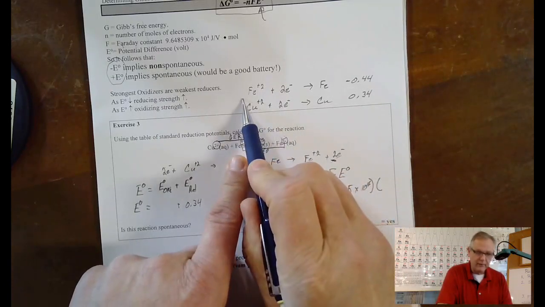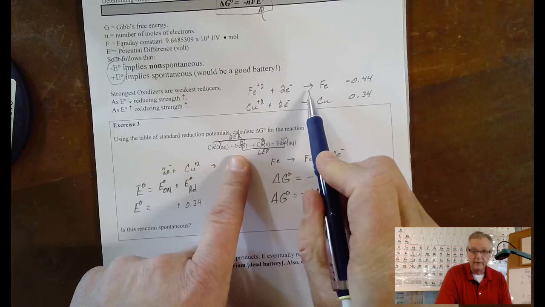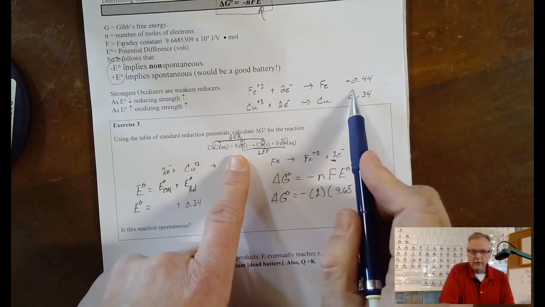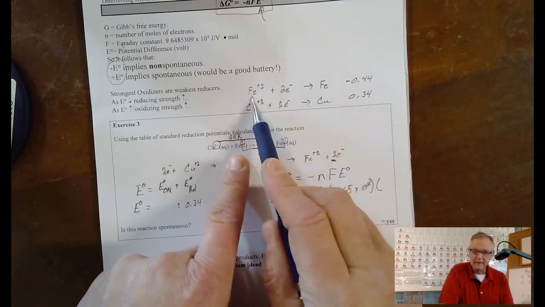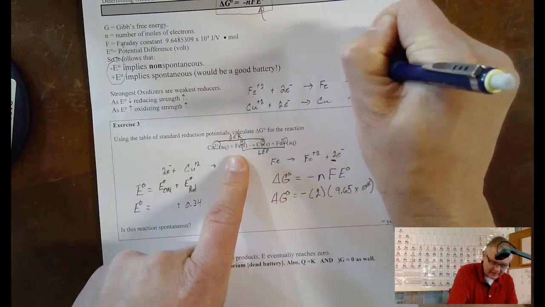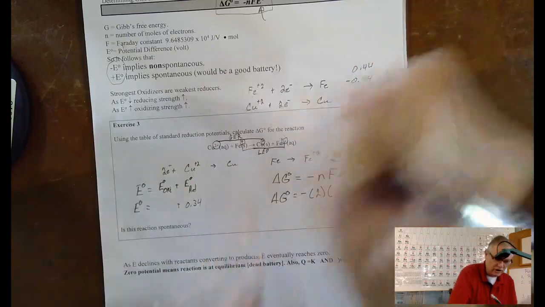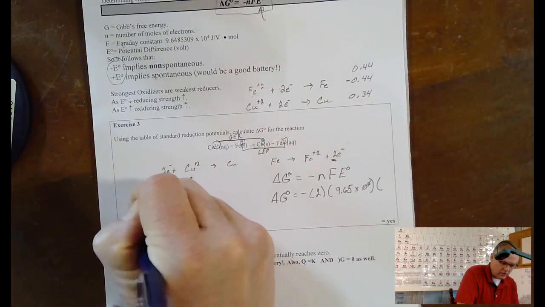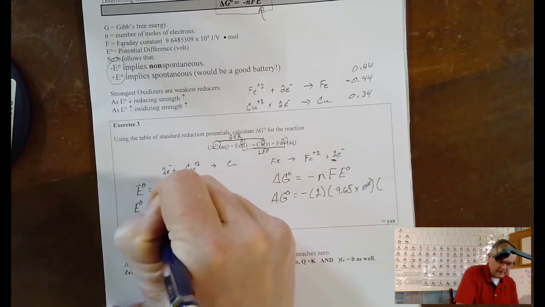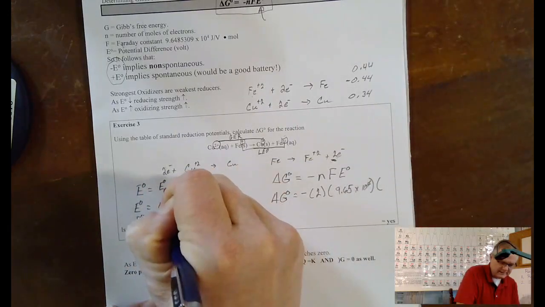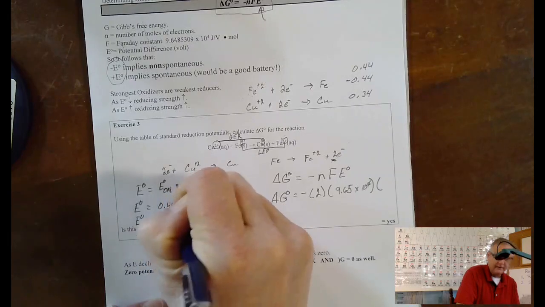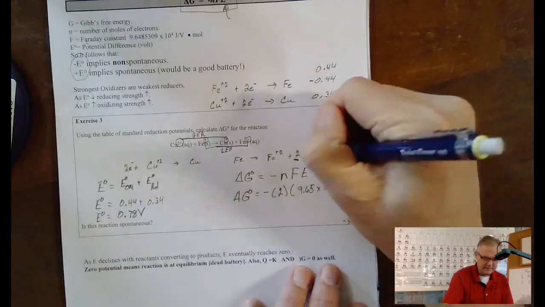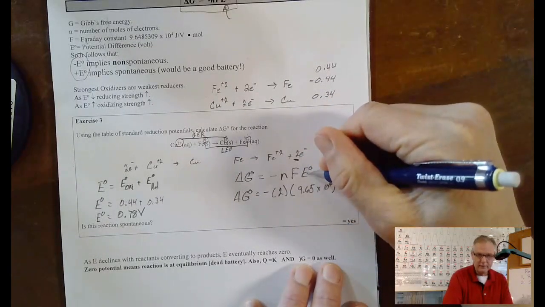Do you see how I wrote down up here, it's straight off of the standard reduction table? I wrote its reduction. Well, if we have to flip this over to make it oxidized, then the sign is going to change. So it's going to be 0.44. Now when I add these two together, I get 0.78 volts.